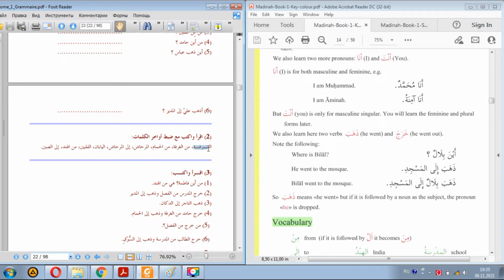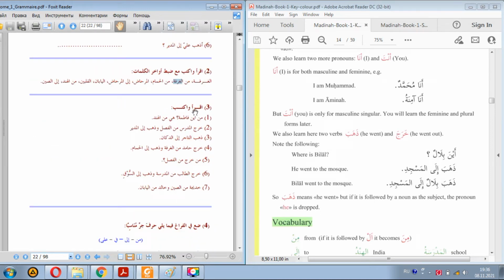Al-ghurfatu is marfu' because it has the standard ending, but here it's majroor because we have the preposition that changed the harakat of this word, al-ghurfati, min al-ghurfati, and therefore it's majroor. And you need to place the harakat for all the words in this exercise. اقرأ واكتب, read and write. من أين فاطمة؟ هي من الهند.